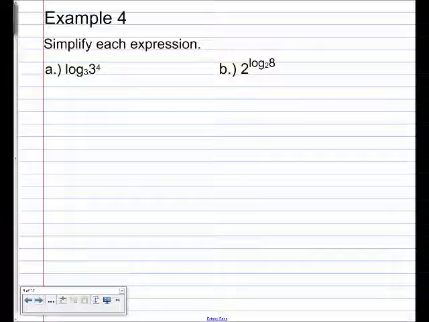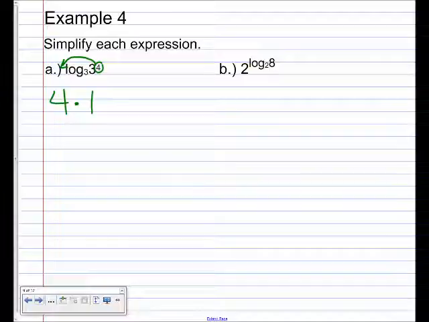All right, so let's look at these next two, A and B, for example 4. Again, you're going to see how I'm not going to use the inverse properties per se, but if you do recognize that these are, in fact, the inverse properties, it goes quicker. So I would actually, again, use the power property here to move this 4 all the way to the front. So 4 times the log base 3 of 3.